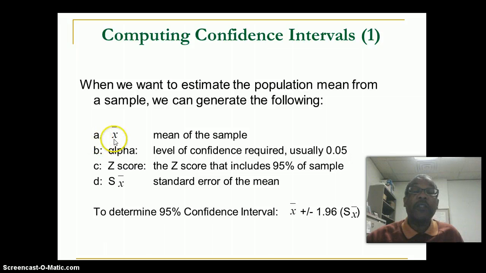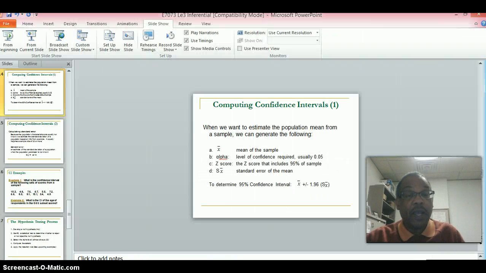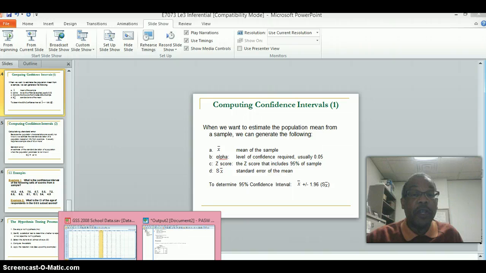So here's a formula that we use to calculate the confidence interval. We need the mean of the sample. We need a level of confidence, which is 0.05. This is actually the reverse of 95%, and that's reflected in the third piece, that the z-score includes 95% of the sample. And we need a standard error. Let me go back and show you something here.